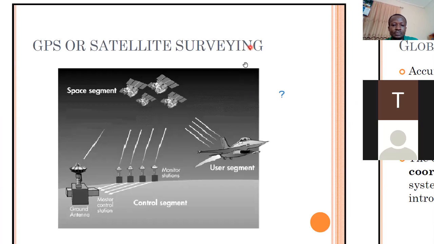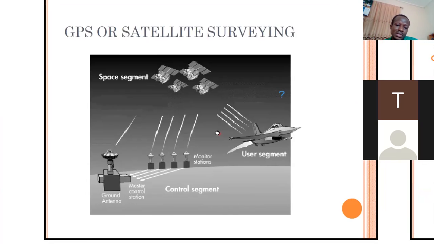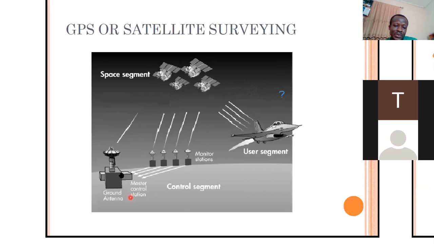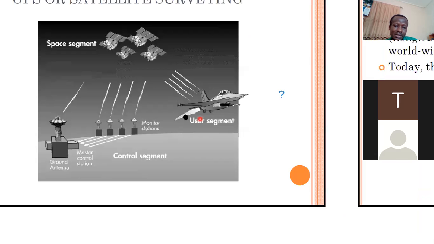So let's carry on. We have more illustrations on the GPS. See the space segment, everything up here. The ground segment, I think there's one at Colorado Springs. That's one popular place where they have a GPS controller. The user segments.